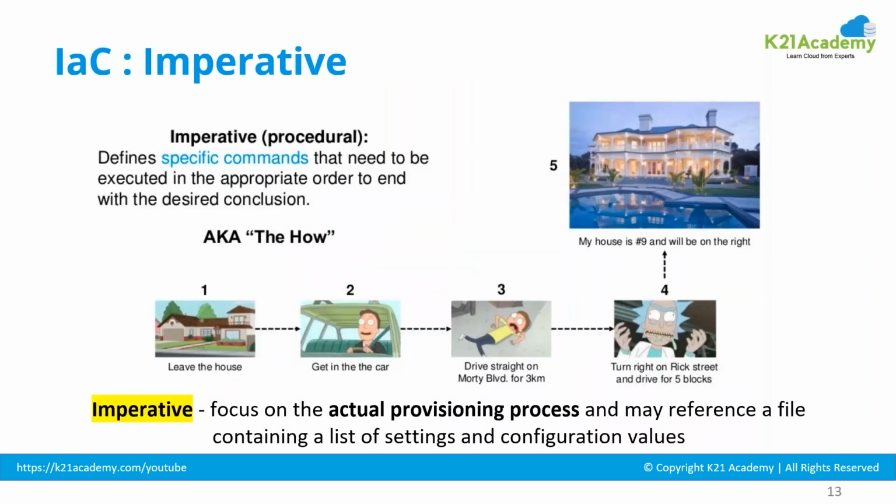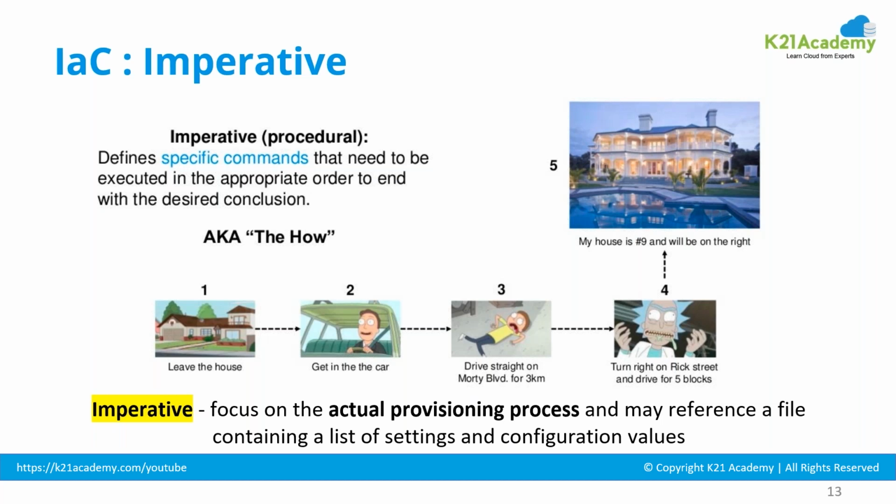Infrastructure as a code can be imperative. Now what does imperative mean? Imperative means if I ask you to reach any place, say the Eiffel Tower in Paris, then I will be giving you the entire direction: the left turn, the right turn, you are going to take the flight, and once you reach Paris, from there how you are going to move on.